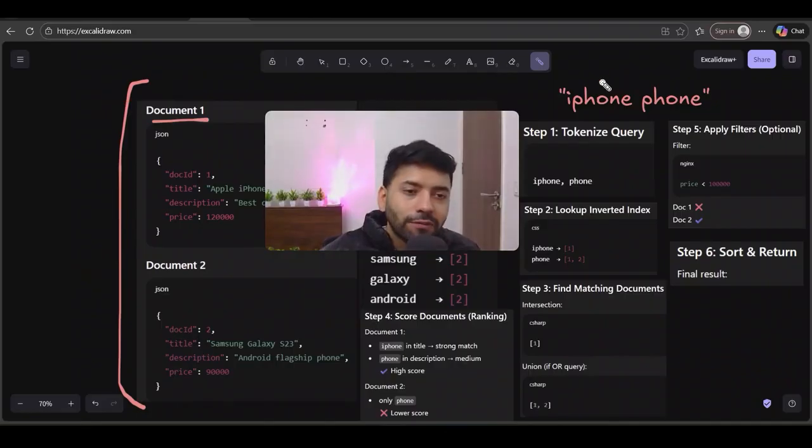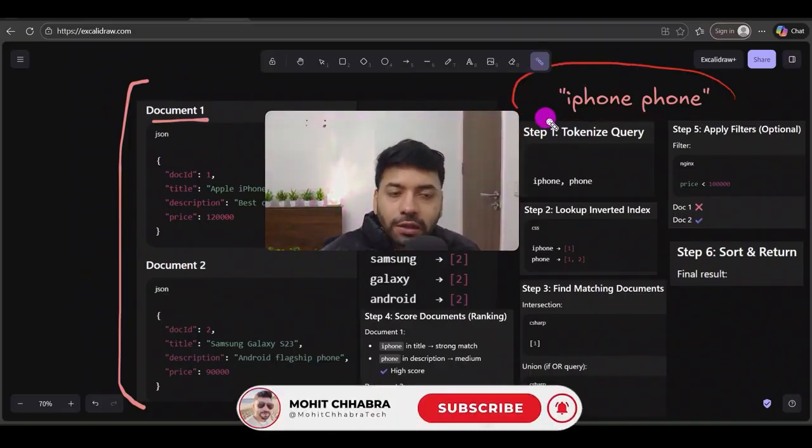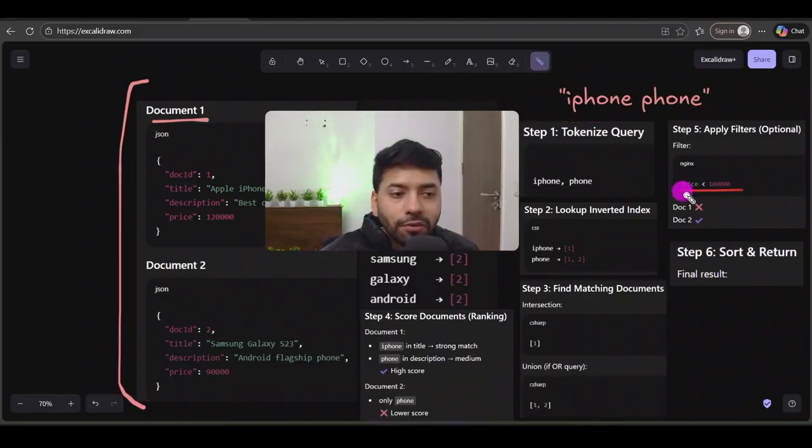But let's say the query was this, iPhone phone with the union, and apart from that we have also applied a filter, like price should be smaller than this amount. Then, as we saw, document 1 doesn't fulfill this filter because its price is greater than the amount we mentioned, and document 2 fulfills this filter.